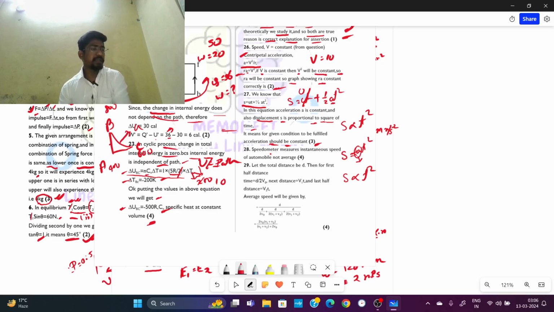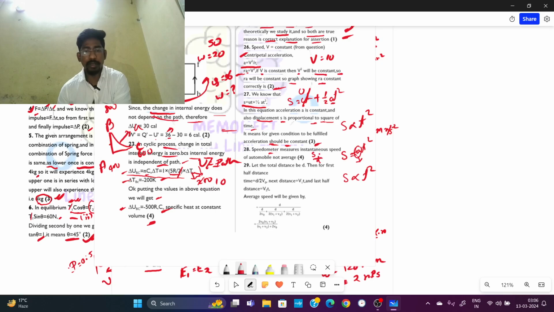Assertion: the speedometer of an automobile measures the average speed of the automobile. Reason: average velocity is equal to total displacement per time taken. As you can see, in the assertion it is said that a speedometer is a measuring device. But in the reason, it is said that you have to calculate average velocity by total displacement by total time.